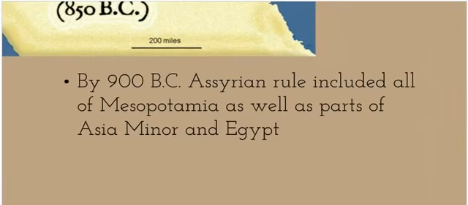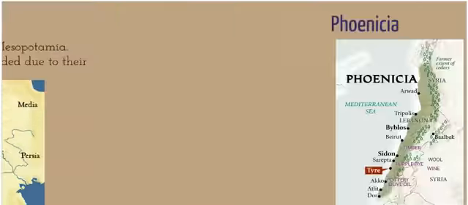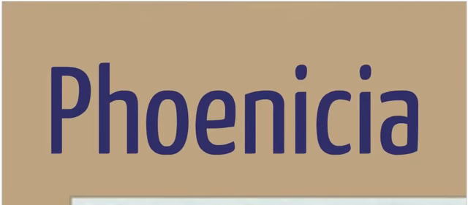Because of this, they are able to develop a strong military, and after they are invaded, they are then able to turn that military from defensive to offensive, and they go out and conquer pretty much all of Mesopotamia, parts of Asia Minor, which is modern-day Turkey, and Egypt.